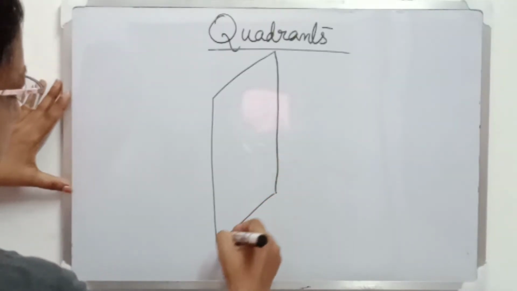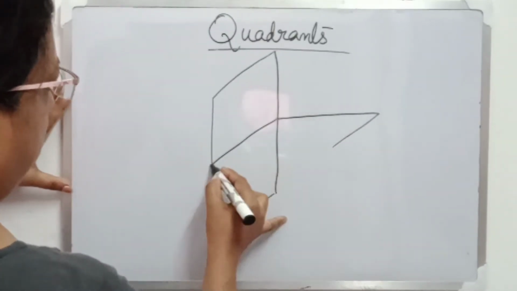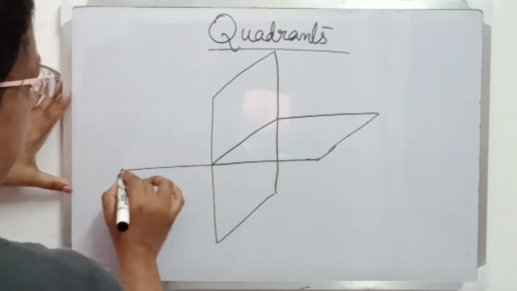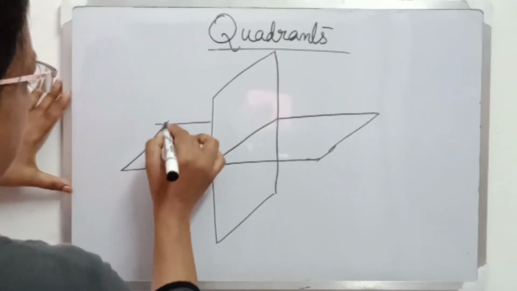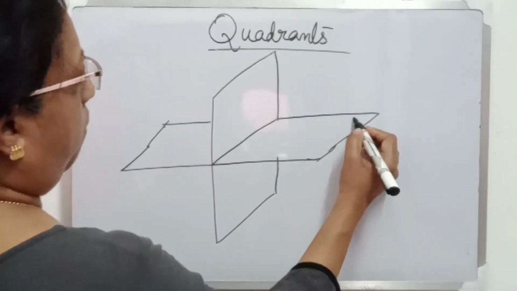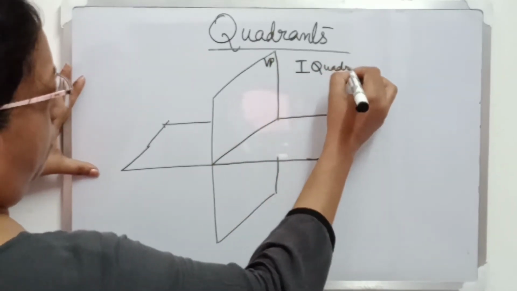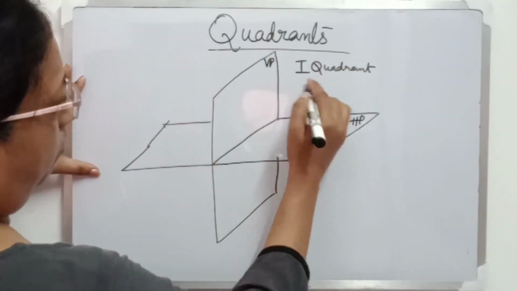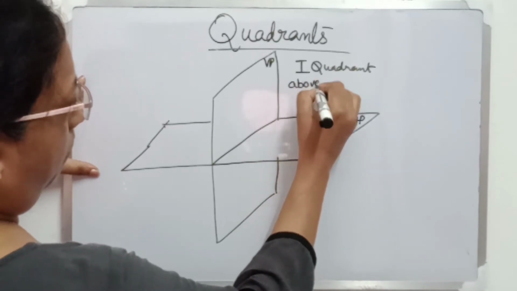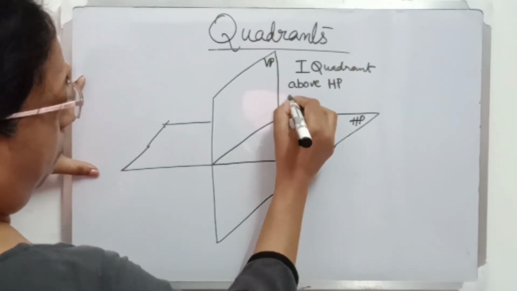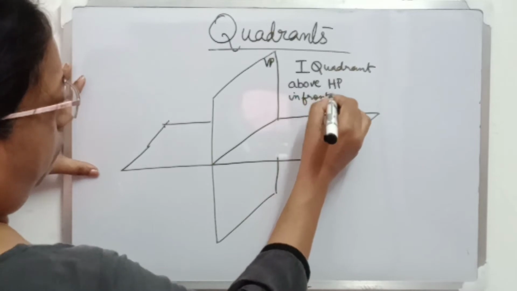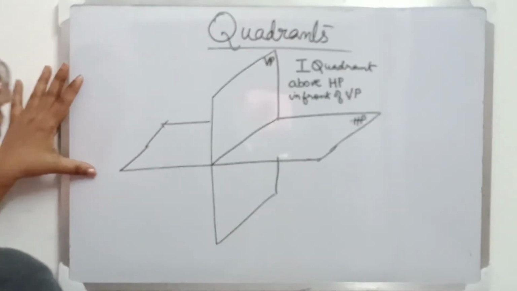So let us see these quadrants in engineering drawing in a little more detail. I have drawn the same reference planes, that is the horizontal plane and vertical plane, which divide the space into 4 quadrants. You can see here the space above HP and in front of VP is called the first quadrant.